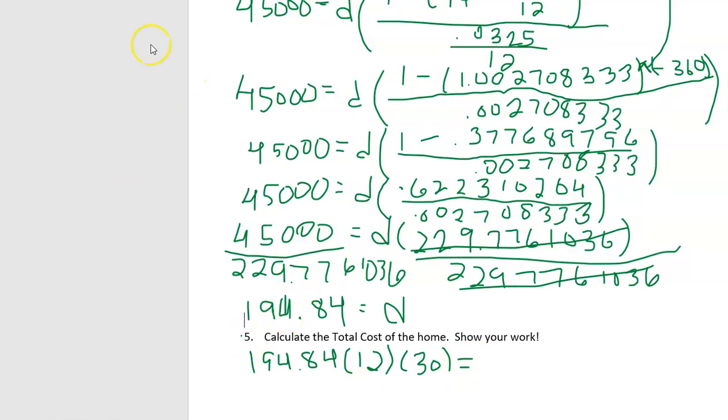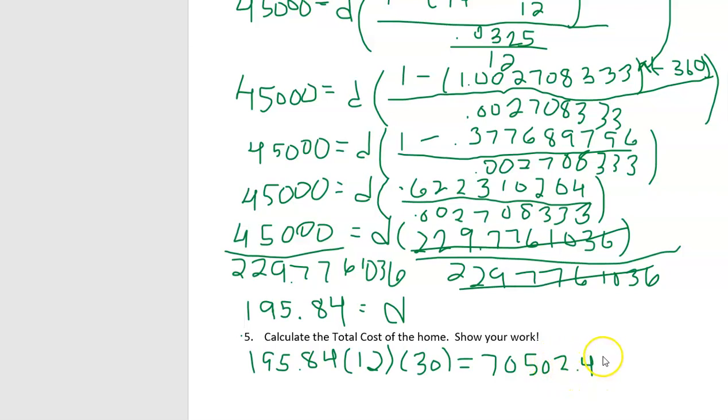I don't know why, I wrote 4 when in fact in my calculator it was 195.84. Somehow I must have looked at it quickly. That just changes our answer a tad. So that's going to be $70,502.40.